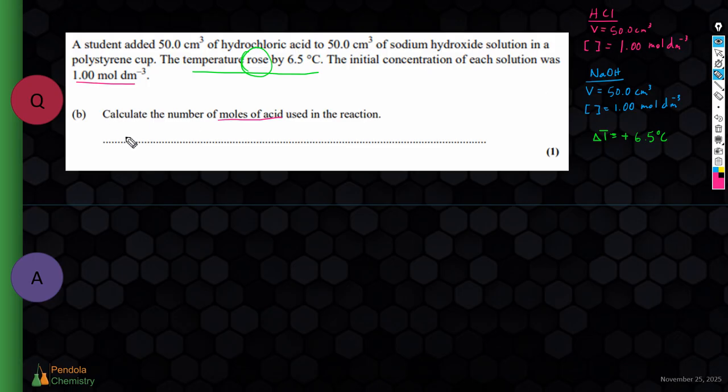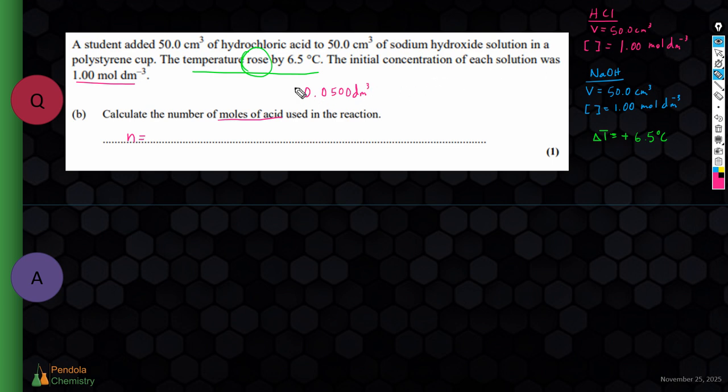So we're not focused on the HCl. The number of moles of acid, n of the acid, is going to be, from looking at this, we have the volume in cubic decimeters. So we have 50 cubic centimeters, which is equivalent to 0.0500 cubic decimeters.